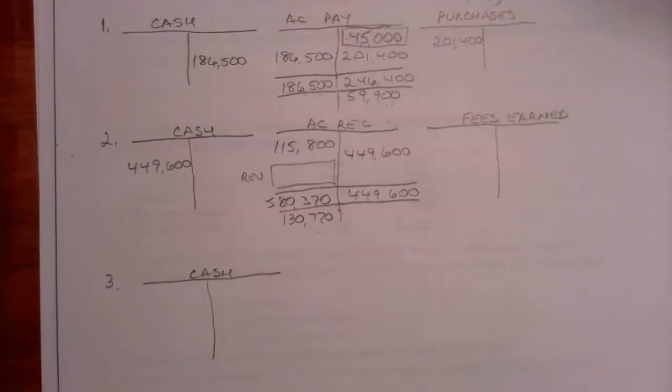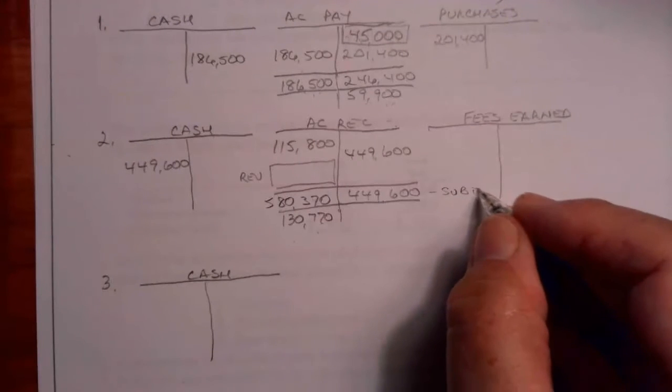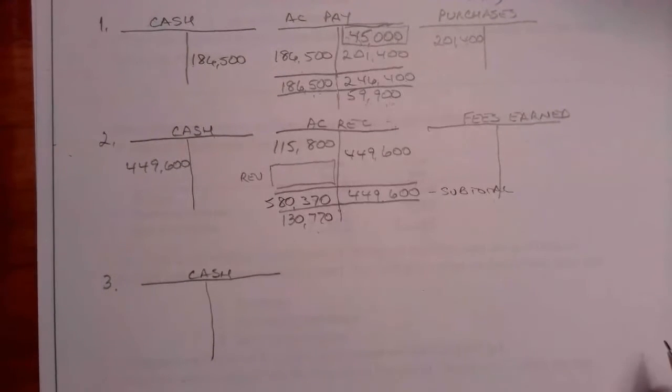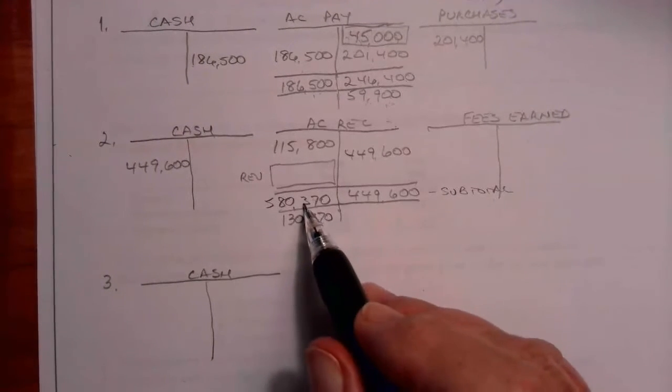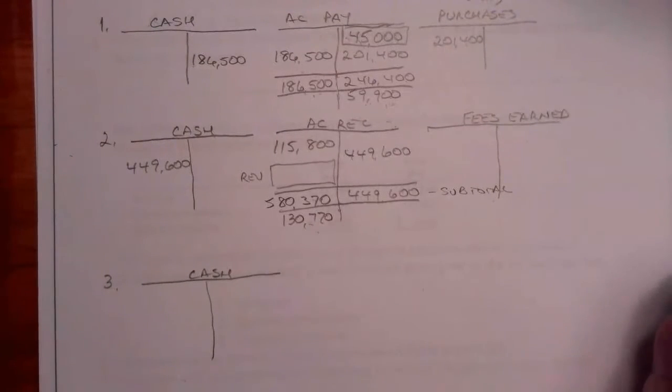This is like a subtotal line right here, and it's handy, and that makes sense: 580 minus 449 would be 130, so we didn't do anything backwards.